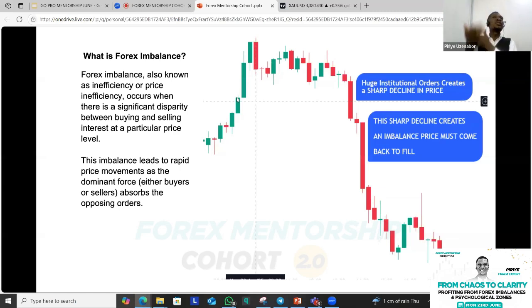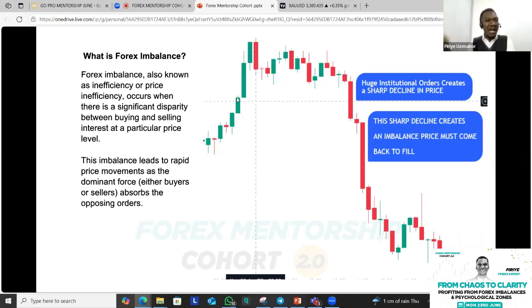It will oftentimes be rejected because there is no corresponding sell order to match that buy order. So in an efficient market, we have a buyer and a seller, they come together to agree at a certain price, and that transaction happens. We call it a successful transaction.